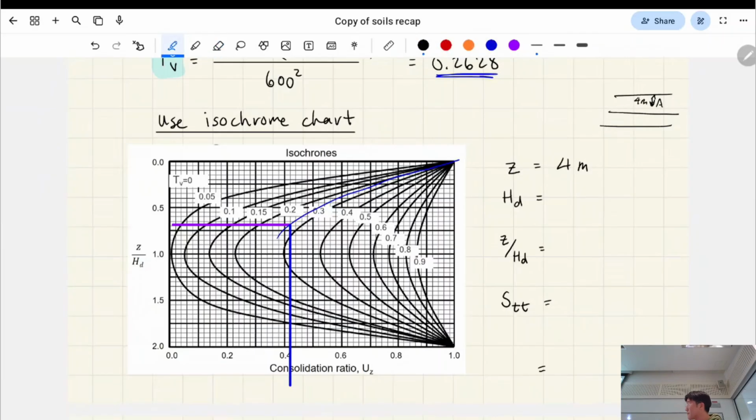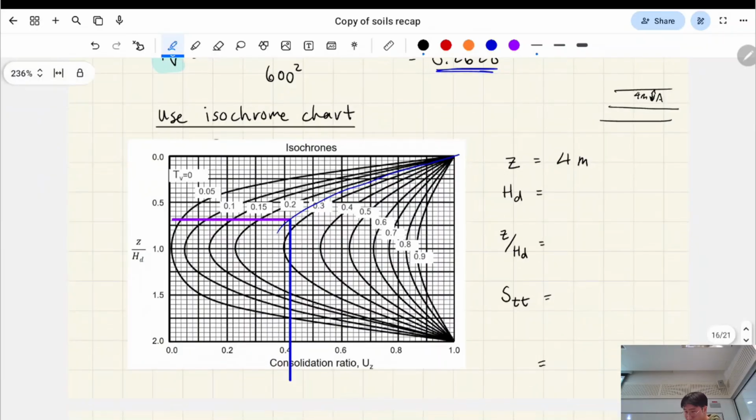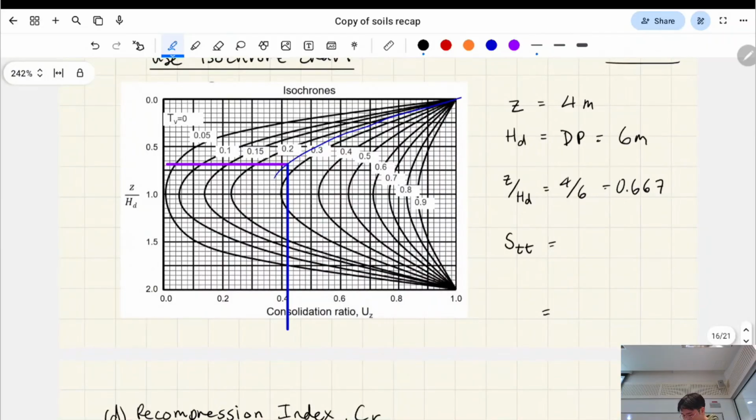So that's what Z is. HD is the height of the drainage, or also called the drainage path, right? That's going to be 6 meters. Yeah, that's what we start with on the left-hand side here. So that's a ratio of 2 to 3, or 4 to 6, 0.667, right? Yeah, makes sense.